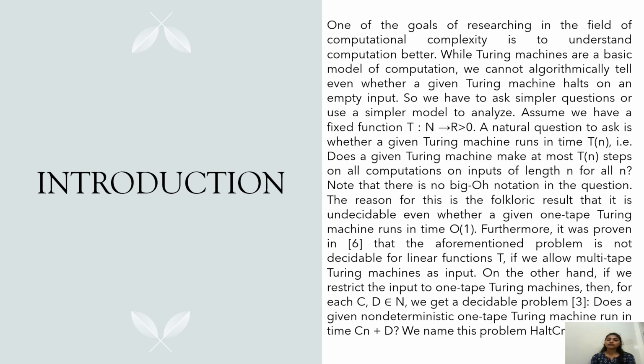On the other hand, we restrict the input to one-tape Turing machines. We get the problem: decide, given a non-deterministic one-tape Turing machine, whether it runs in time Cn plus D. We name this problem the Turing machine problem.